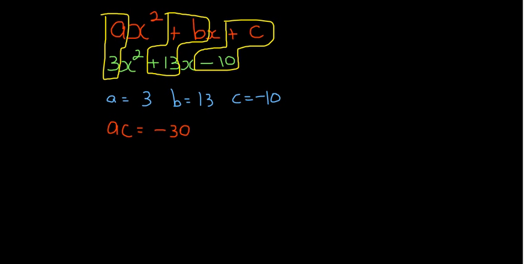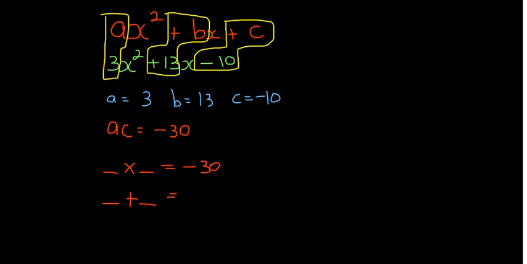What do we do from here now? There we go. And not just the 30, but minus 30. So yes, we're looking at a pair of factors of minus 30.